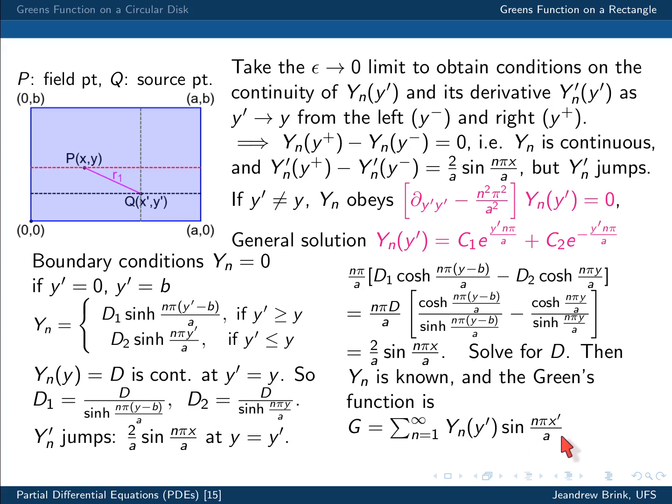So this is just illustrating another technique of how to do it for the case of a box. In other words, expanding it in terms of the sine basis functions and then reducing the second order PDE to an ODE, which you can then solve in one of the dimensions.